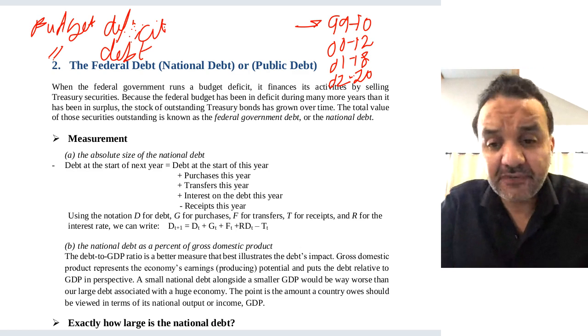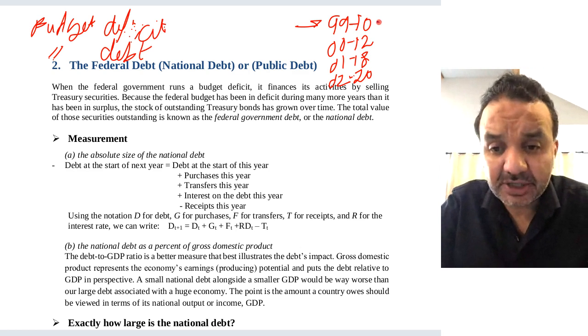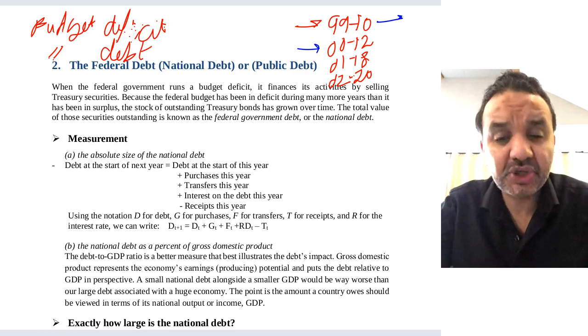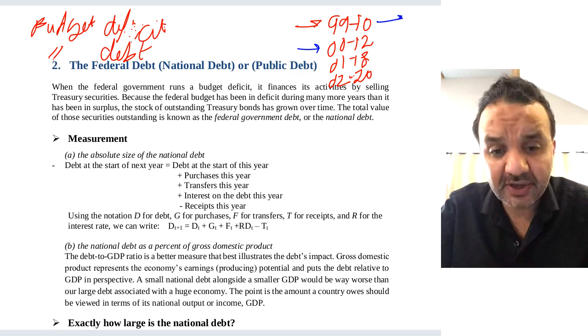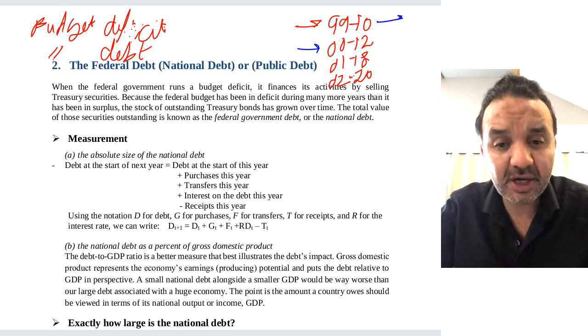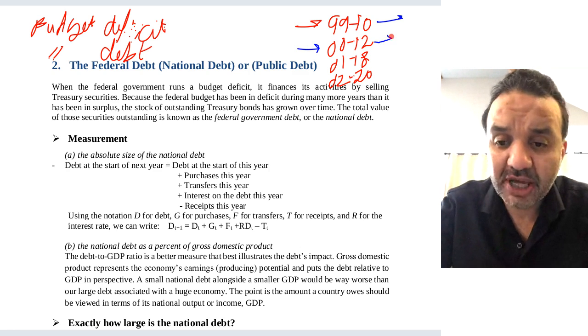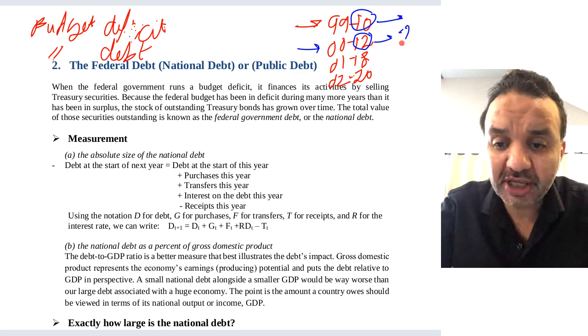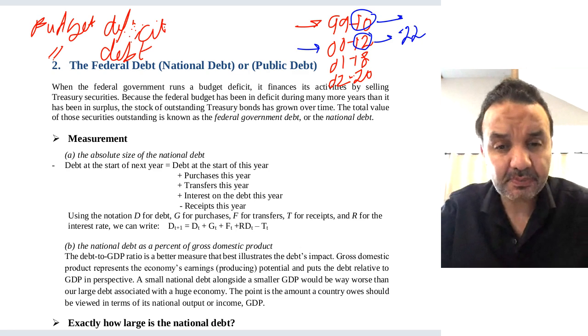Okay, so if the federal deficit in 1999 is negative 10 million, and then if we go to the next year, which is 2000, and the federal budget is still running into a deficit of 12 million, so we will add this 12 million to the 10 million from the previous year, so the debt will be negative 22 million, right?